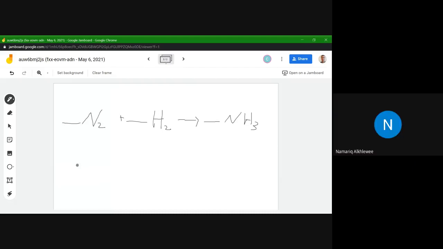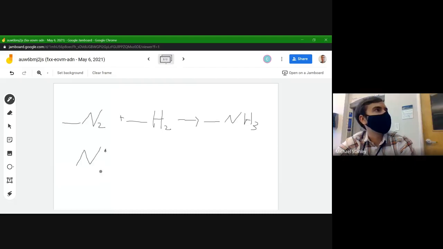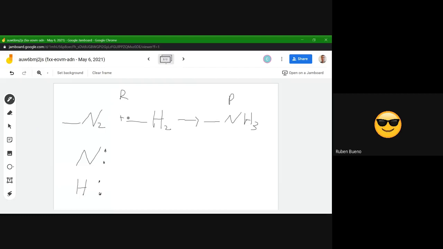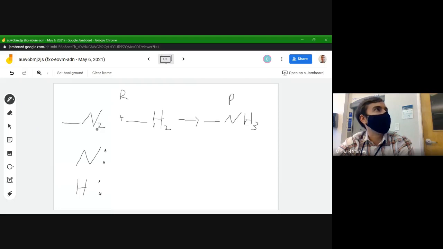Some of them are N's and some of them are H's. So we have the reactant side on this side again. We have the product side on this side. So over on the reactants, how many N's do we have? Two. So on the reactant side, we have N2, which means we have 2 nitrogens.